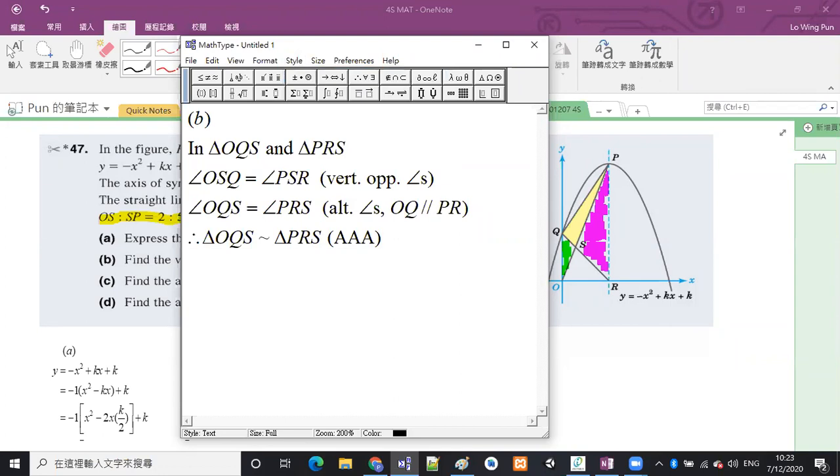Usually after we use AAA to prove two triangles are similar, what can we say? Their sides are in proportion. So after using the angles to prove the two triangles to be similar, what we can say afterwards is that their corresponding sides are proportional.